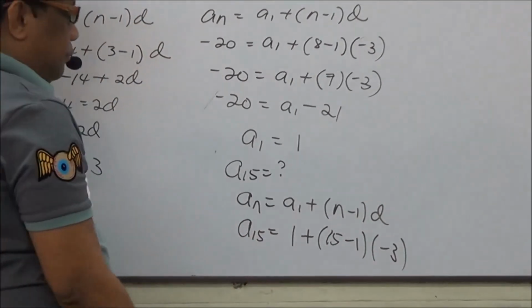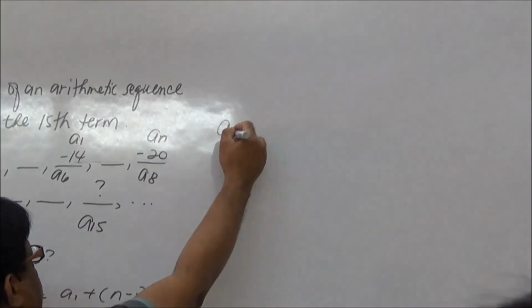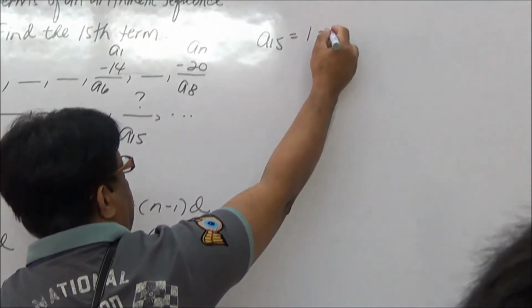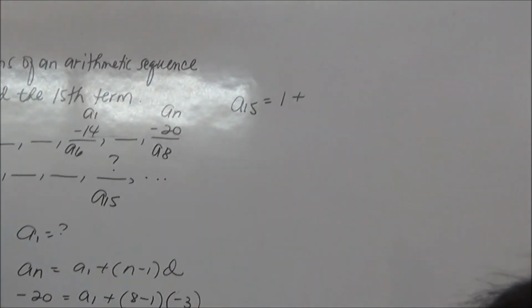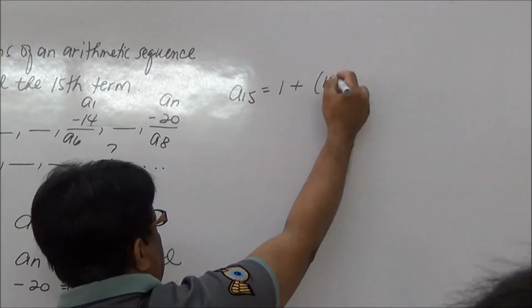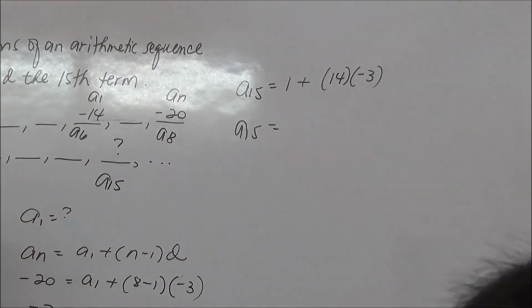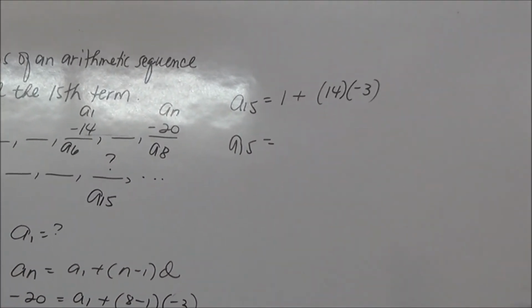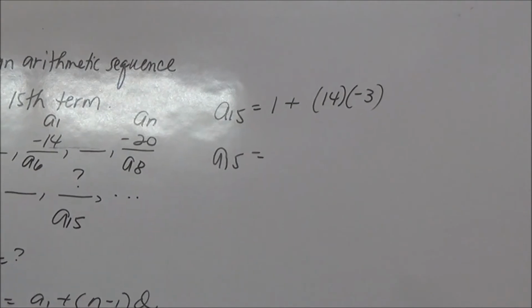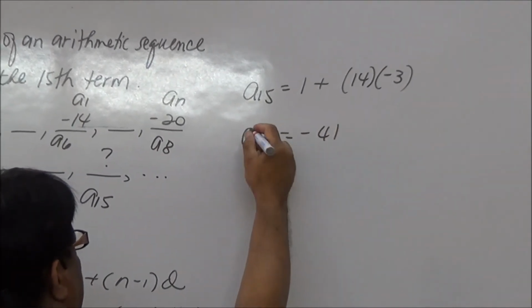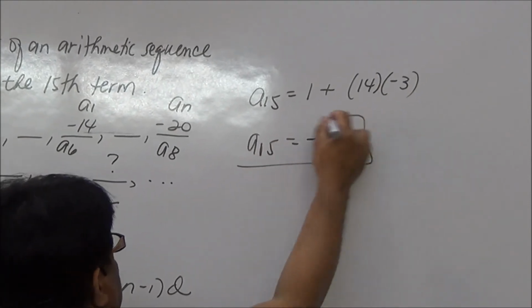Okay? So what is then a15? a15 now is 1 plus you have 14 times negative 3. So what is now a15? So we have this as negative 42 plus 1, negative 41. Okay? So this is now your a15.